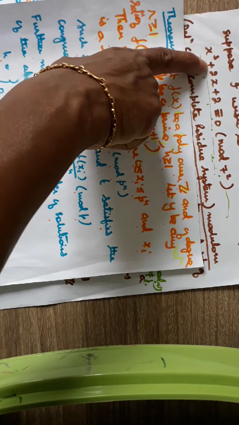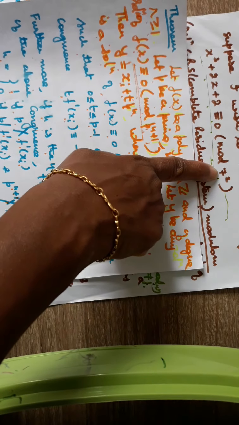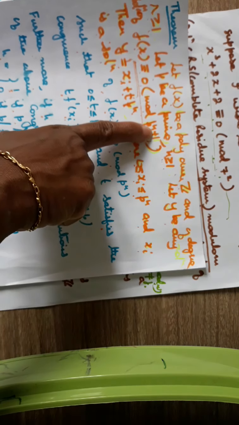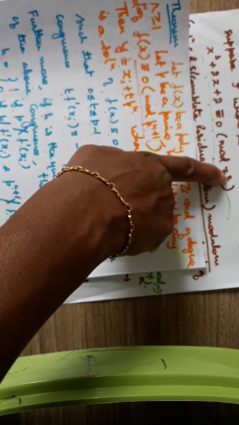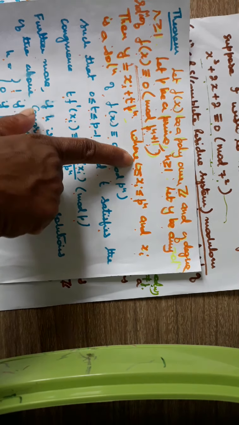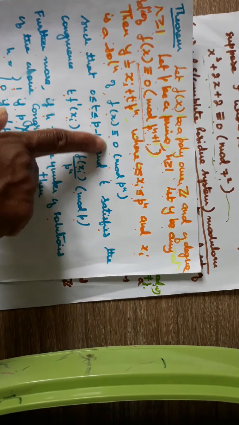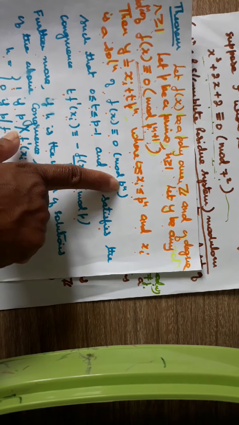Here you compare f(x) with x cubed plus 2x plus 2. P here you replace by 7, and n plus 1 here you replace by 2. Then y is equal to xi plus t times p to the n, where xi is greater than or equal to 0 but less than p to the power n, and xi is a solution of the congruence modulo p to the power n.